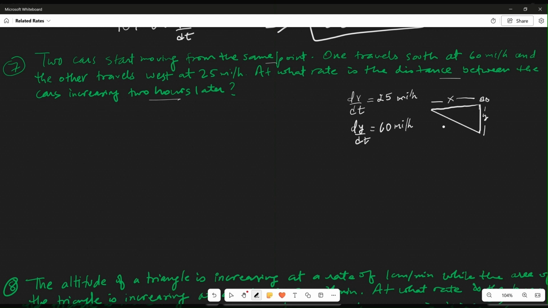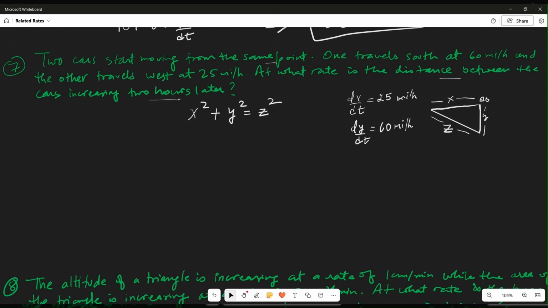Let z be the distance between the two cars, and the relation between these three can be given by the Pythagorean theorem, right? So a squared plus b squared is equal to c squared, and in the given situation, the hypotenuse is z here.